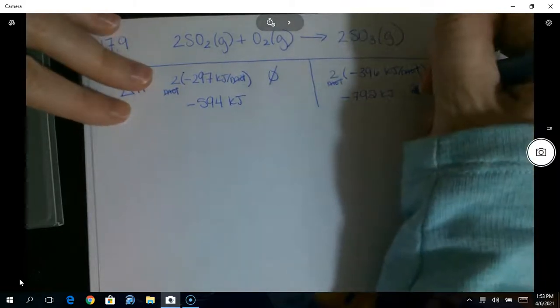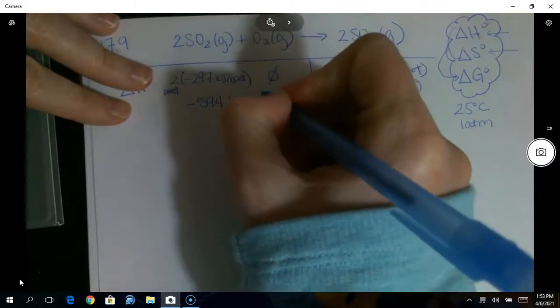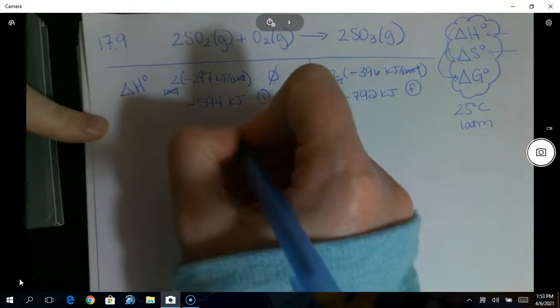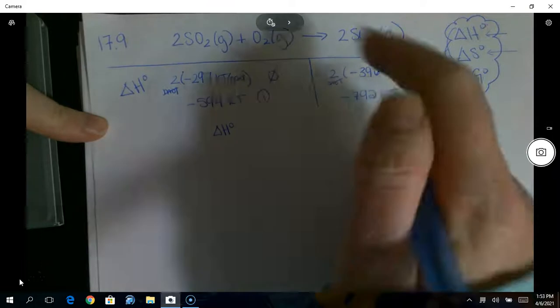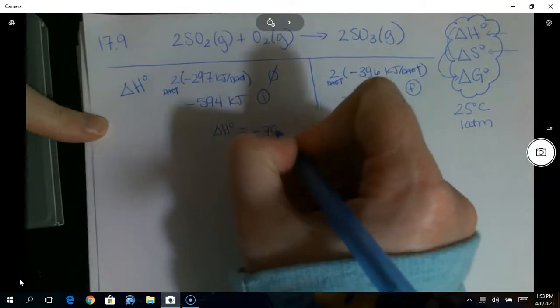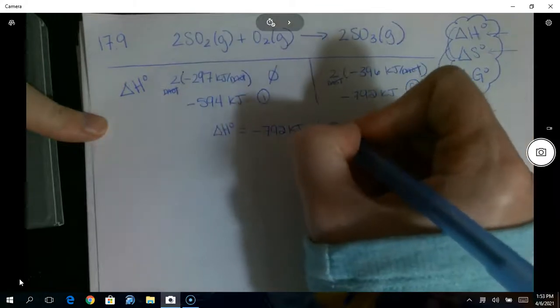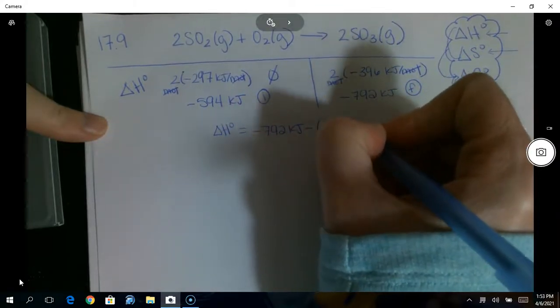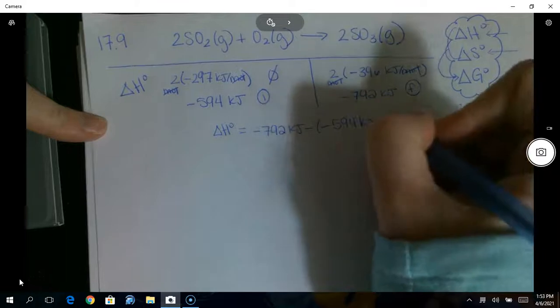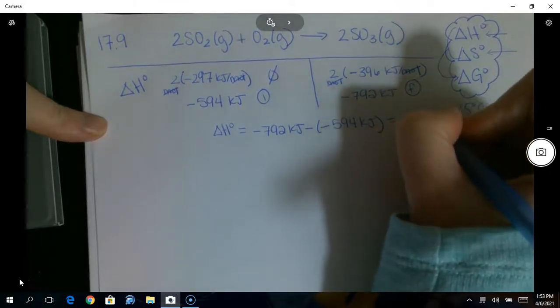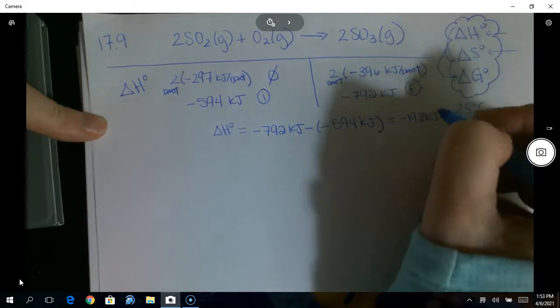Remember, this is final. This is initial. So if I want to find delta H standard, I'm going to do final minus initial. So this gives me negative 198 kilojoules.